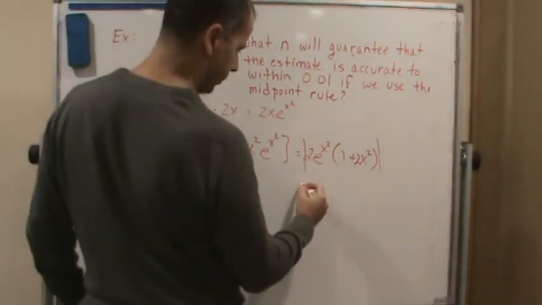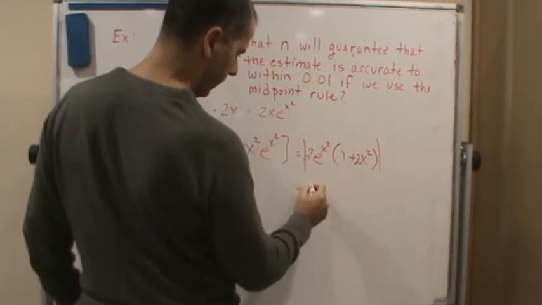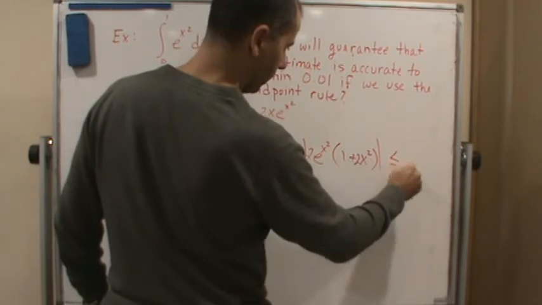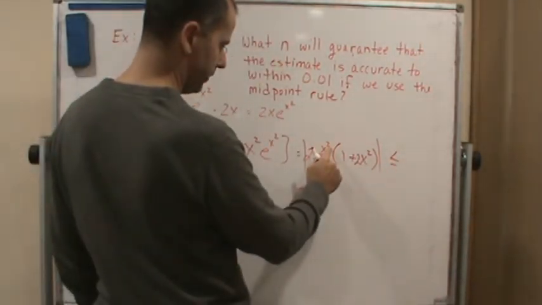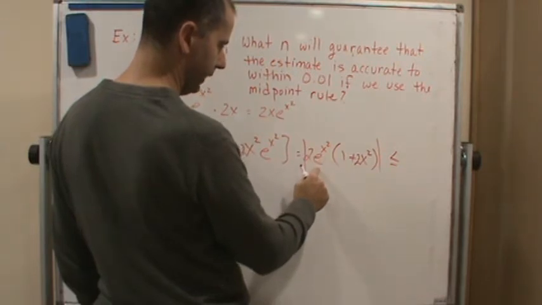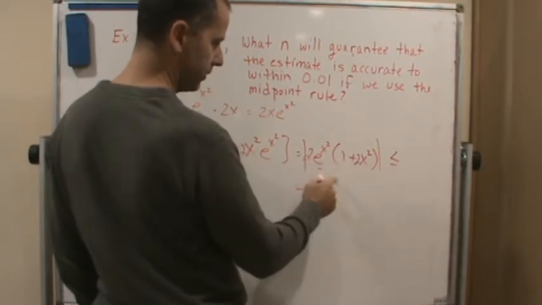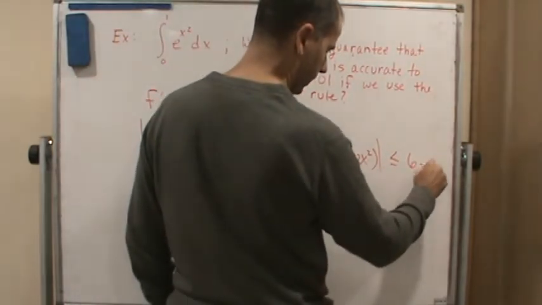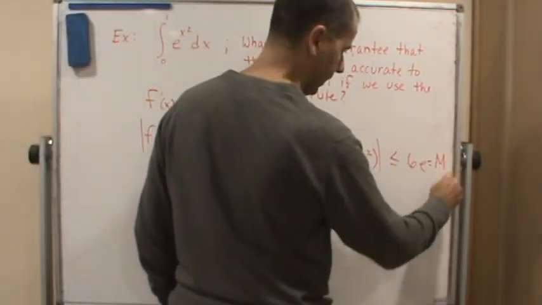When x is equal to 1, this thing is going to be less than or equal to what? This is 1, and if this is 1, this is going to be e. So it would be 2e times 3. So this will be less than or equal to 6e. So there's our M.